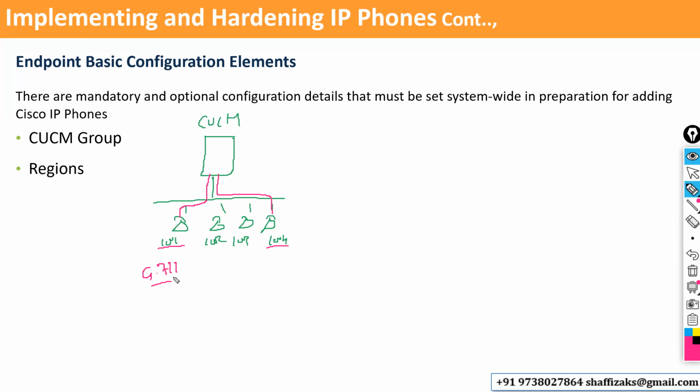CUCM is going to provide G.711, it's mandatory, here and here also. And G.711 is the industry standard codec. Industry standard means open, not proprietary. Open source. Any vendor you take supports G.711. And how much bandwidth does it consume?